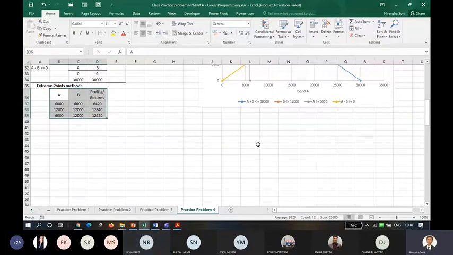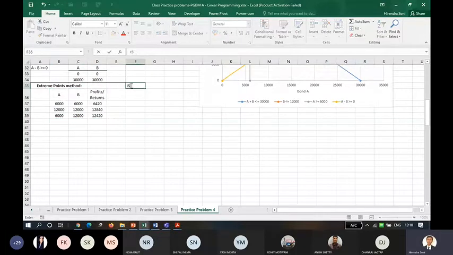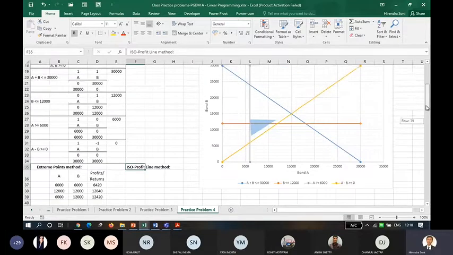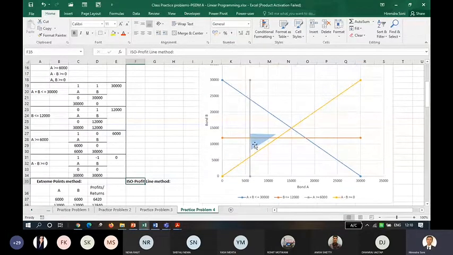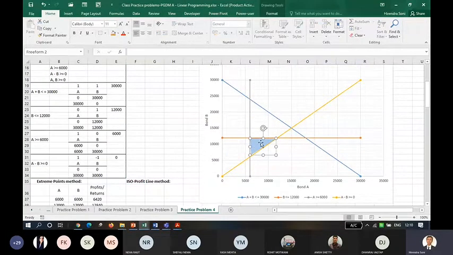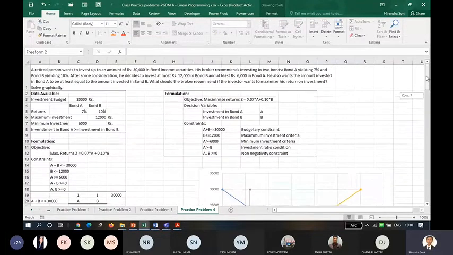Now, when I talk about ISO profits line method, so we will create a profit line for that. और वो profit line हम कहाँ से लाएंगे? ये जो है इसी को हम यूज करने वाले हैं.